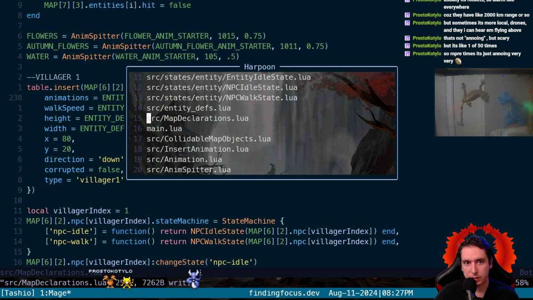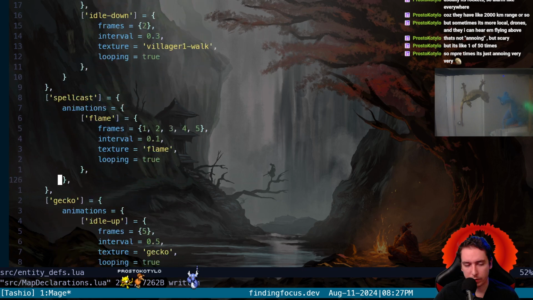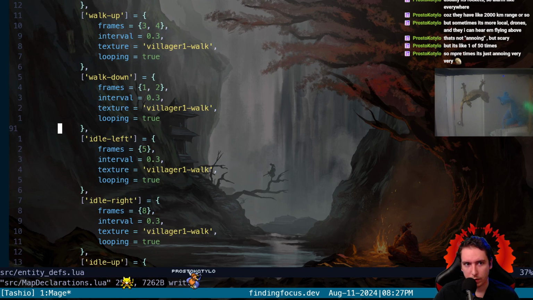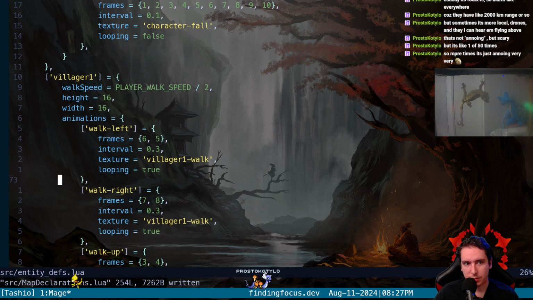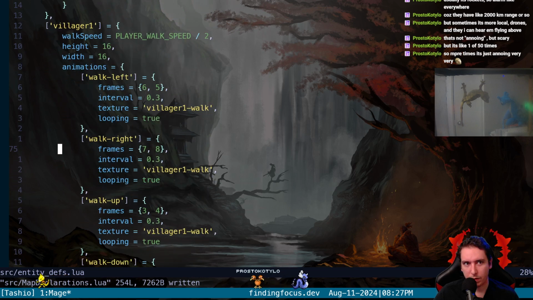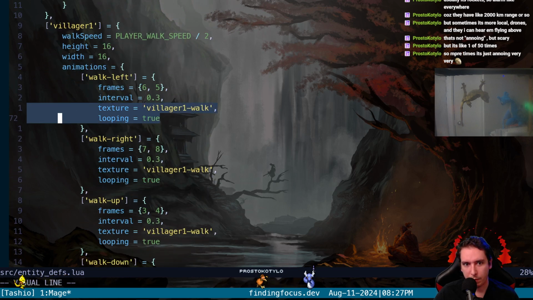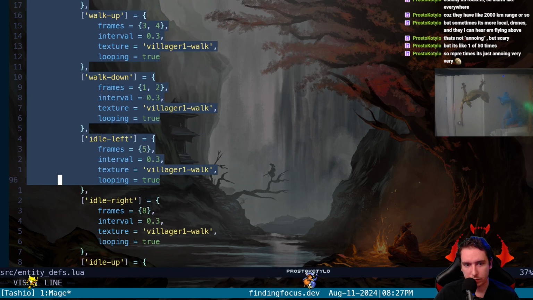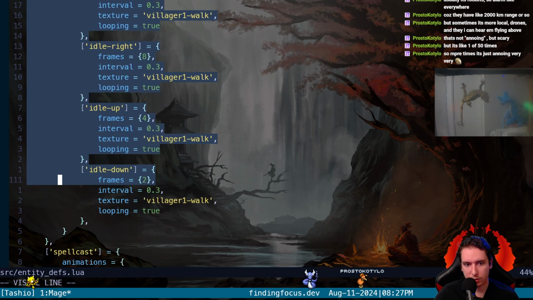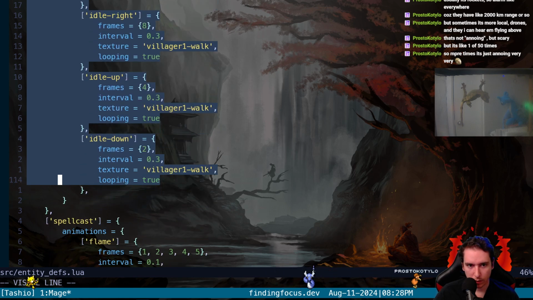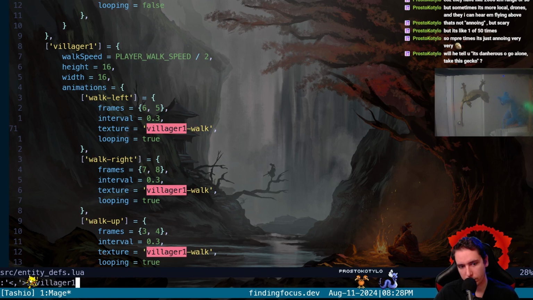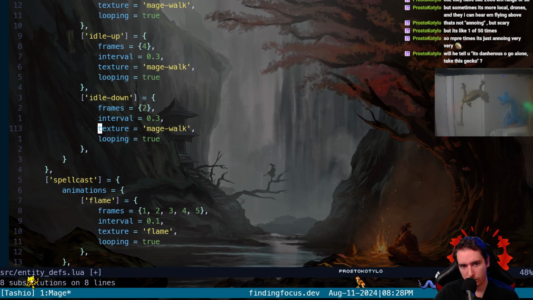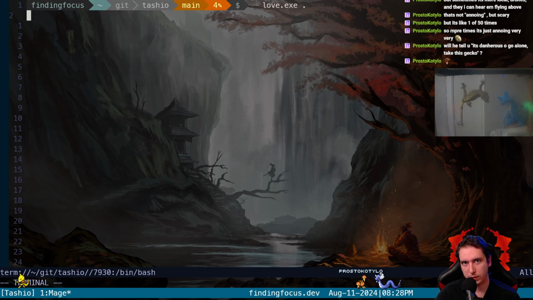Okay, let me just see what the entityDefs are for the Villager 1. Okay. So let's just say I'm going to do a lazy way of trying to do this and just try to put mage in here. And let's see.